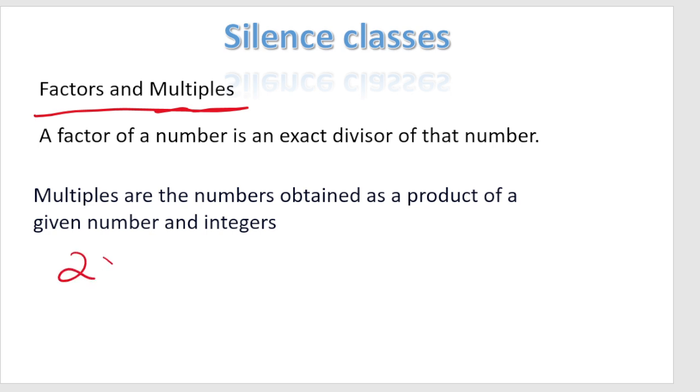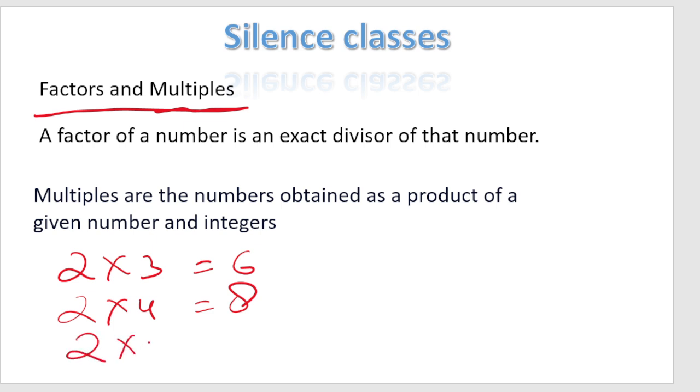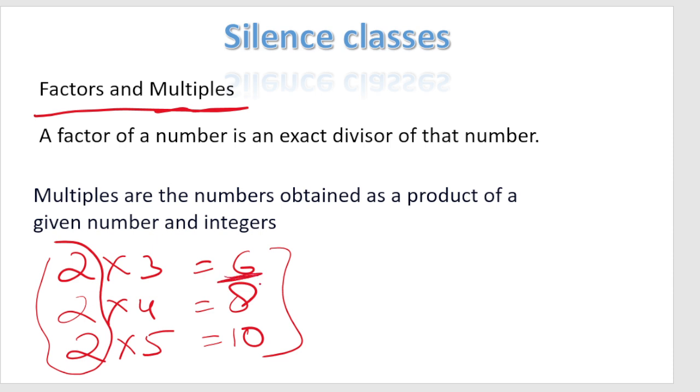Like 2 multiplied by 3 is 6, 2 multiplied by 4 is 8, 2 multiplied by 5 is 10. All these are multiples of 2.